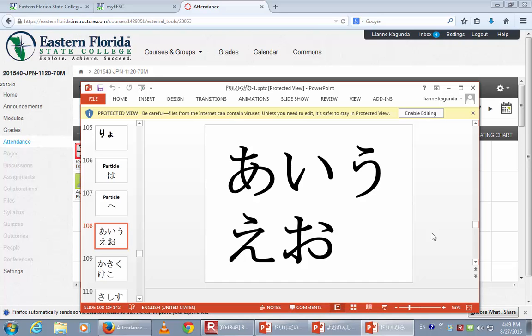Right, gozen? AM, yes. Gogo is PM, gozen is AM. Sanji, which is 3 o'clock, yes. Kaiwa, yes, another subject header in your textbook. Kaiwa means dialogue or conversation. Kaiwa.